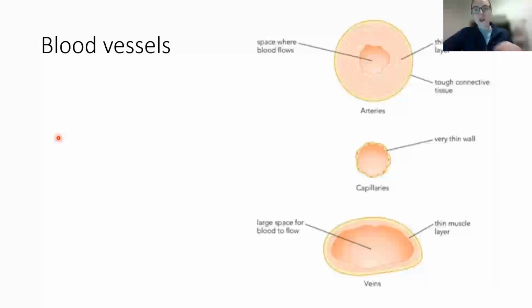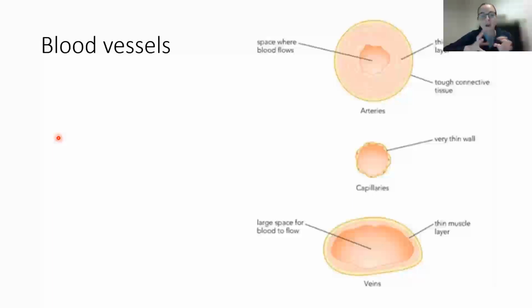Okay. So the thick muscular layer allows the lumen to decrease or increase in size, depending on what pressure we need in our arteries. And the pressure that comes from our heart is handled by the elastic fibers, which allow that stretch and recoil. So it allows the artery to be quite flexible. That's what we talk about when we talk about arteries.